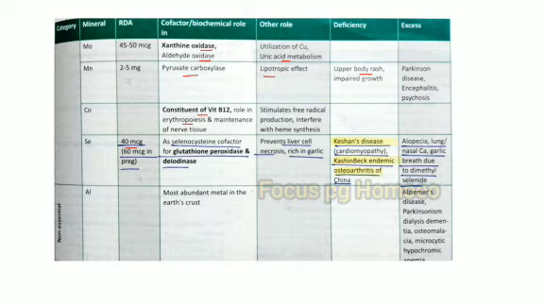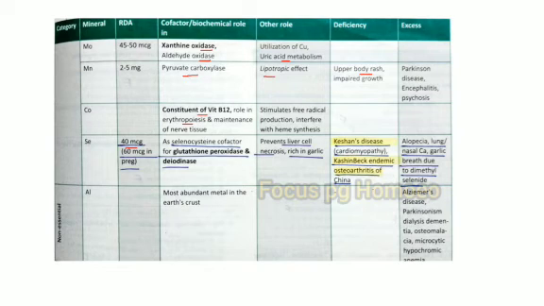Its cofactors are xanthine oxidase and aldehyde oxidase. It has a role in uric acid metabolism. And manganese, its daily requirement is 2 to 5 milligrams. It's a part of pyruvate carboxylase, and in lipotropic effect, its deficiency leads to upper body rash and impaired growth. Its excess leads to Parkinson's disease, encephalitis, and psychosis.